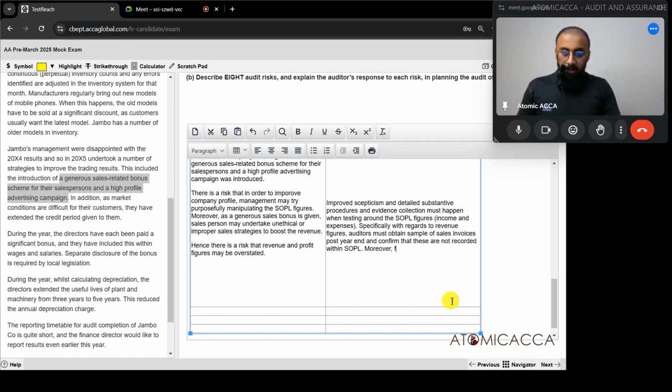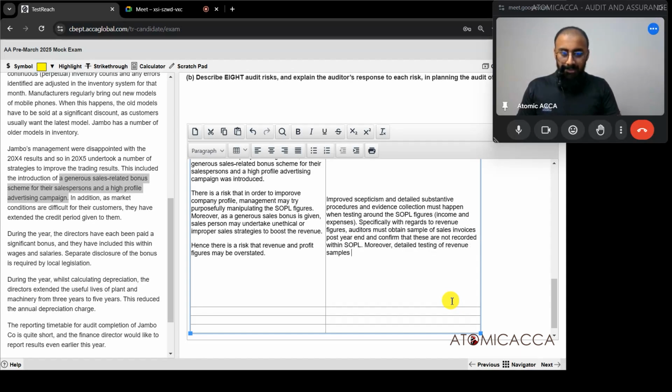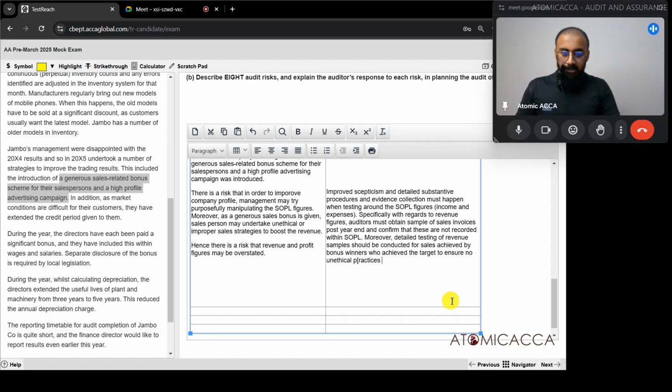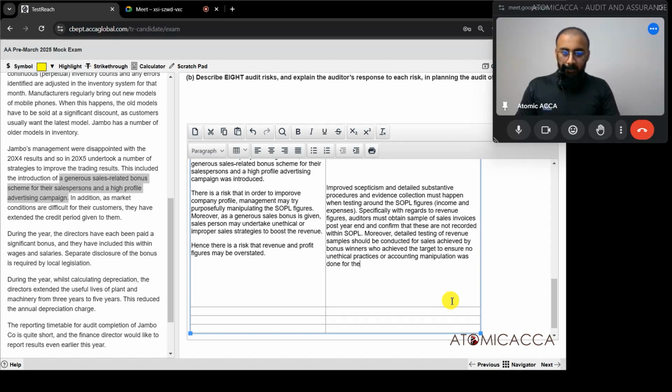Moreover, detailed testing of revenue samples should be conducted for sales achieved by bonus winners who achieved the target, to ensure no unethical practices or accounting manipulation was done for these.